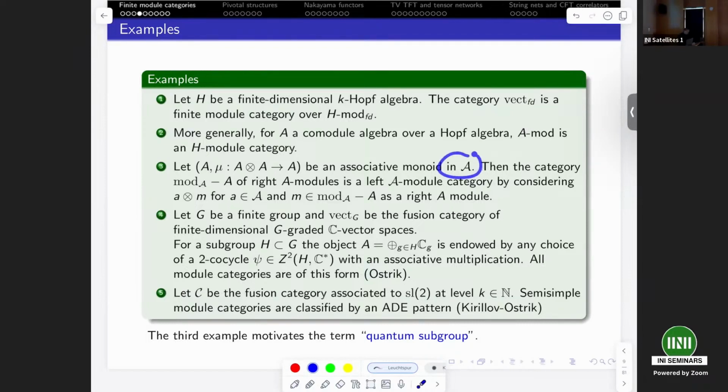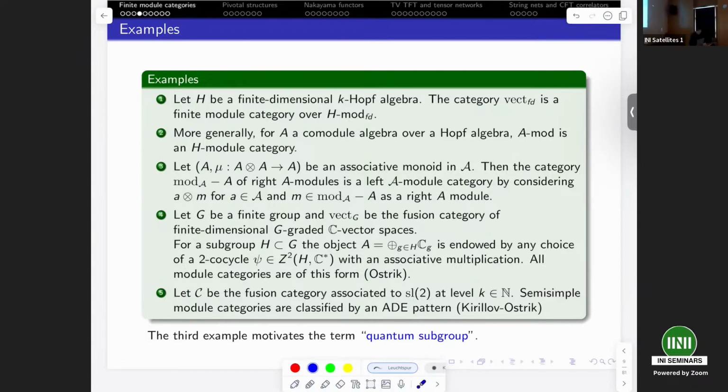Suppose in your monoidal category, you have an associative monoid, so that's an object A and a morphism from A tensor A to A that obeys associativity. Then you can consider the category of right modules. If you're given a right module, it will stay a right module in an obvious way if you tensor it from the left with any object; that defines the left action. So right algebra modules are left module categories.